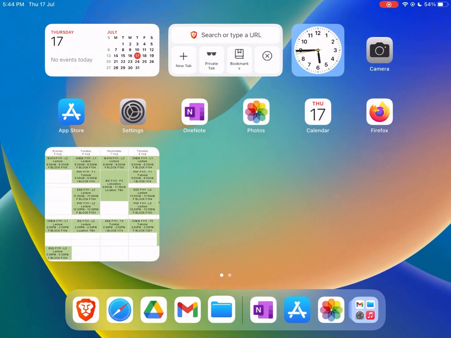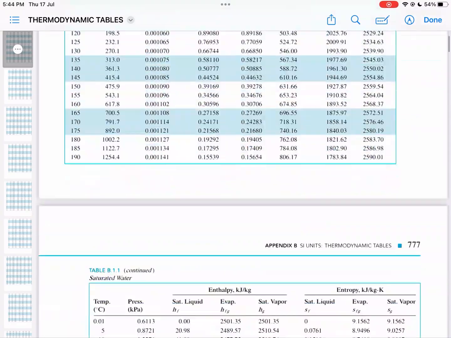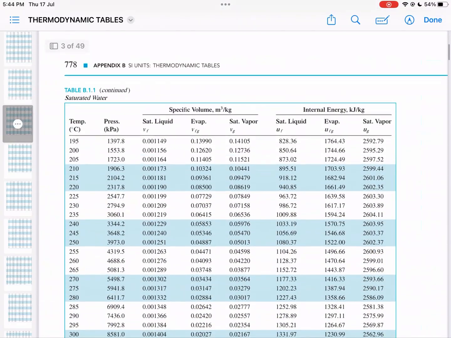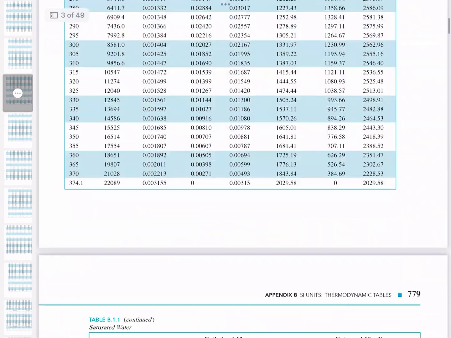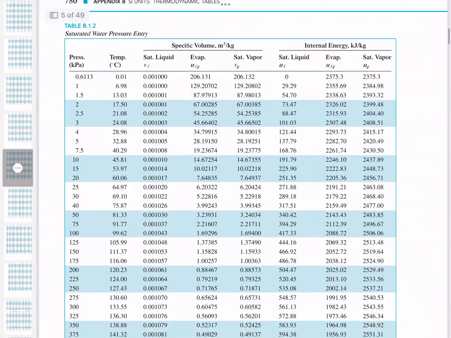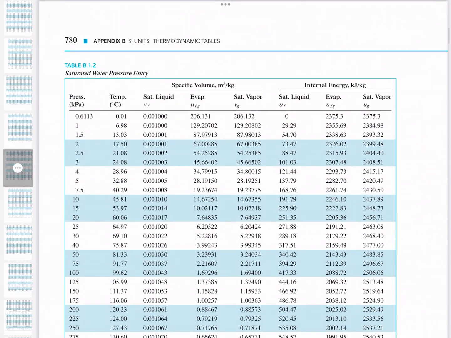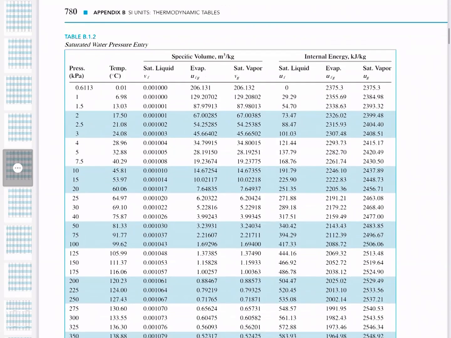So as we will see in the table, if we see table B.1.2, we can see at 1 kilopascal, T sat is 6.98 degrees Celsius. At 1.5 kilopascals, T sat is 13.03. Let me see if I can annotate on this.